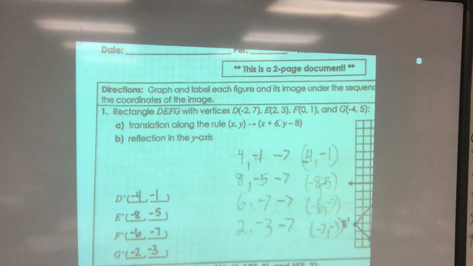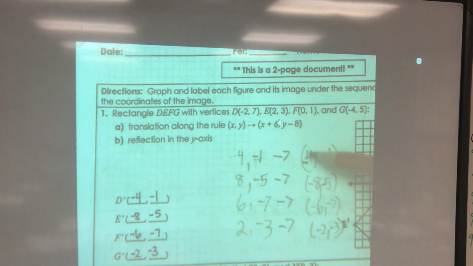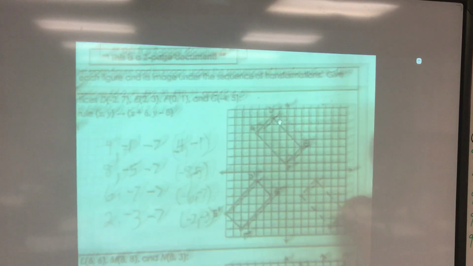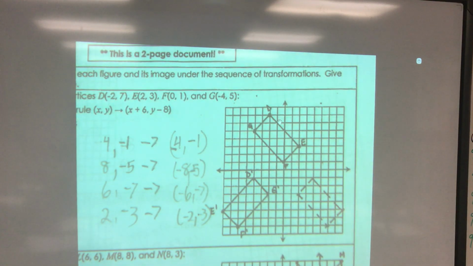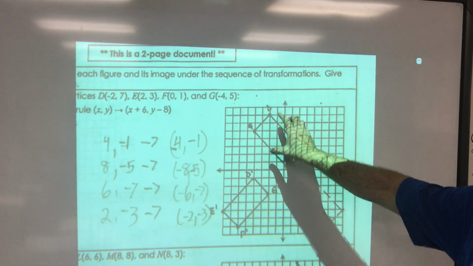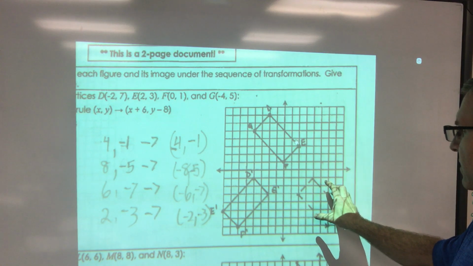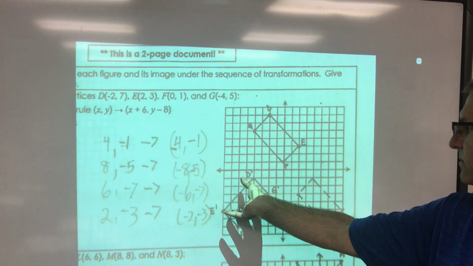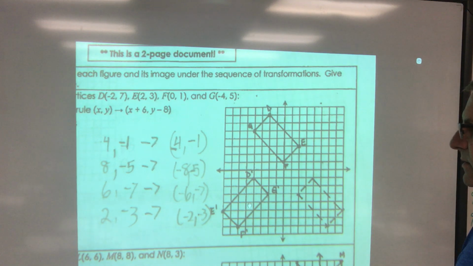Y'all are probably screaming at me right now. Please don't. So that should be -4 and 1. So this part here represents what you did at first. Then you reflected across the y-axis. And again, I'm sorry about that. I did not catch that till the very end.